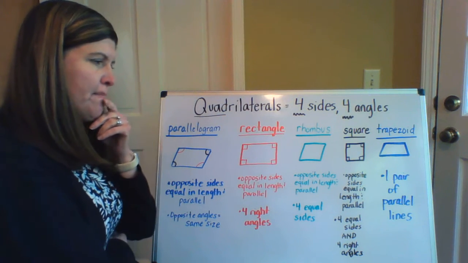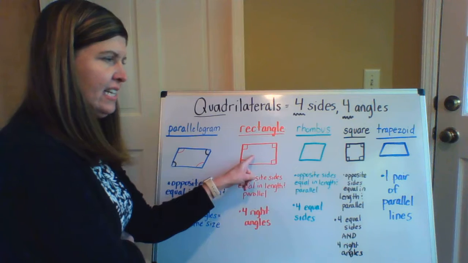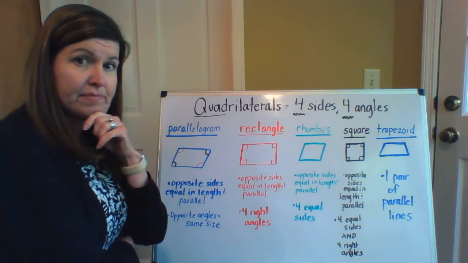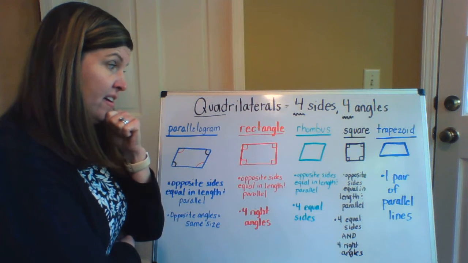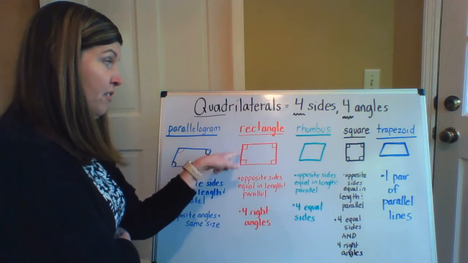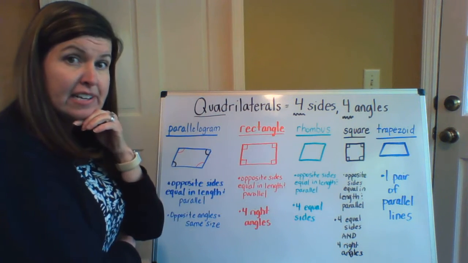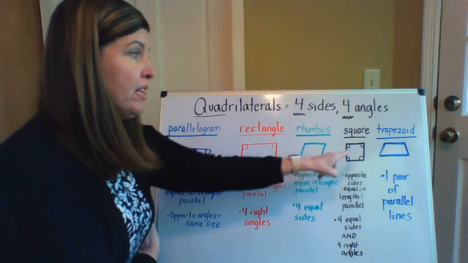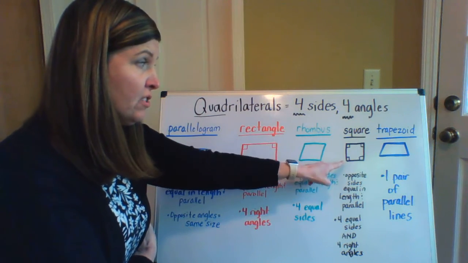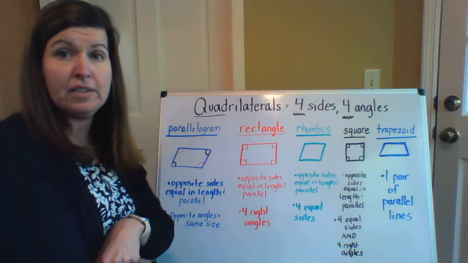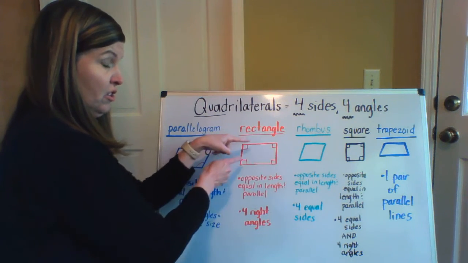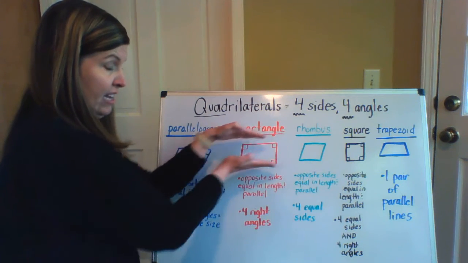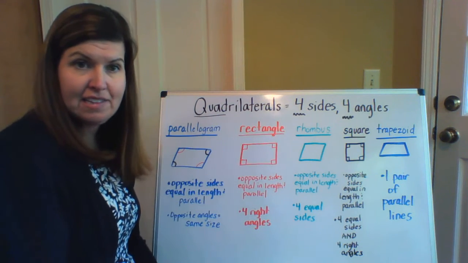So what's our big difference between a rectangle and a square? The opposite sides are equal in length and parallel. It has 4 right angles. The big difference is that with a square, all 4 sides are equal length. With a rectangle, only the opposite sides are equal in length.